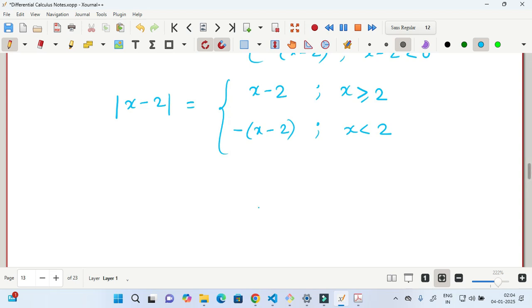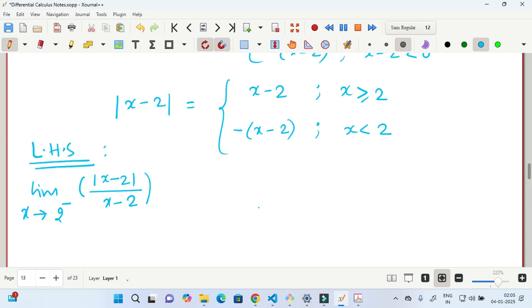Now in the problem, limit x tends to 2 minus, in the sense 2 minus h, of modulus of x minus 2 by x minus 2. I'm taking LHS. Limit x tends to 2 minus h means less than 2.